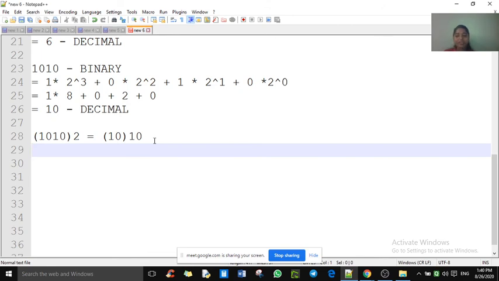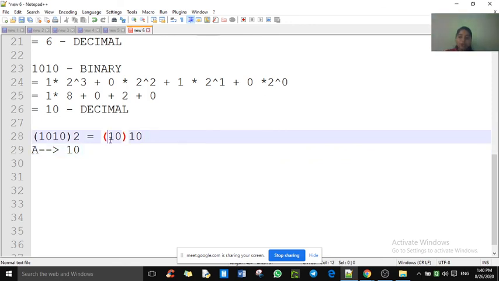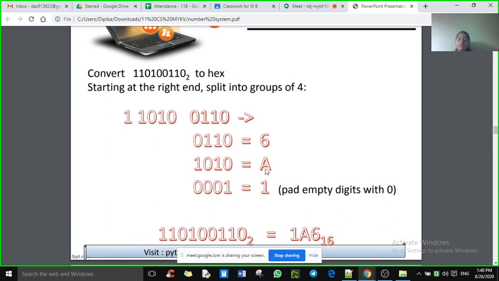A, B, C, D. Correct. So in hexadecimal, A corresponds to 10. Whenever you want to write 10 in hexadecimal, you write A. So this is equivalent to A to the base 16. Is it clear, Aisha? Yes, ma'am. So that's why it's A here.